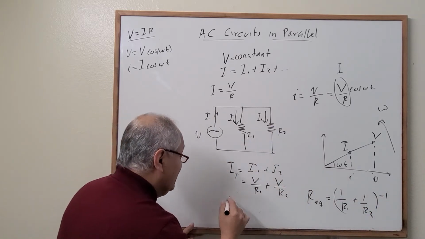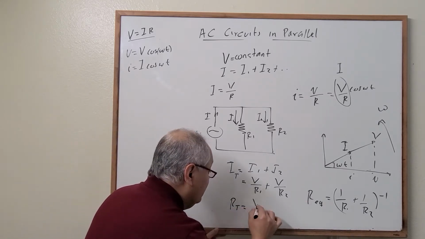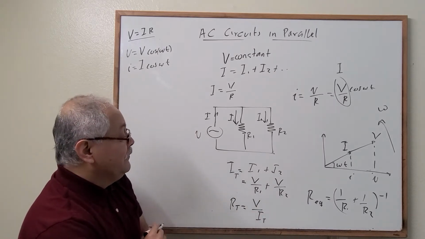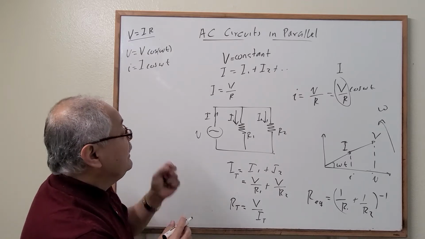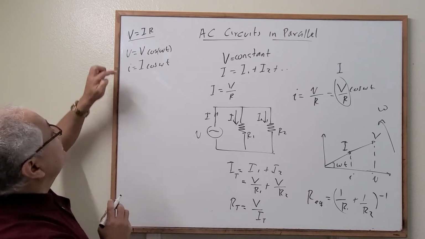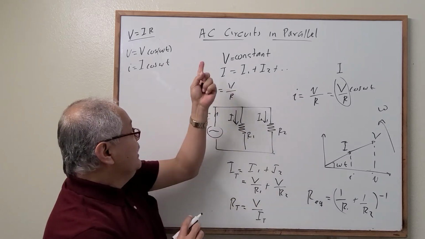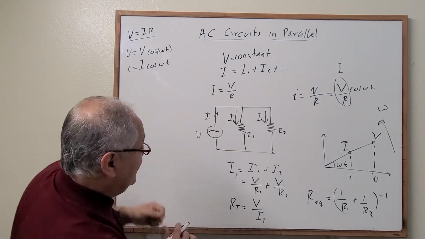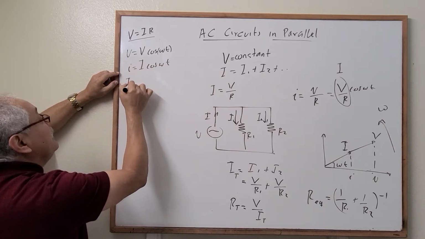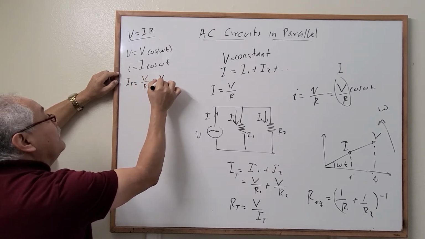Also, we can represent the equivalent resistance as equal to voltage divided by the total current, and this is again the relationship between voltage and current when we're dealing with resistors only in AC circuits in parallel. So one more time, the total current is equal to V over R1 plus V over R2.